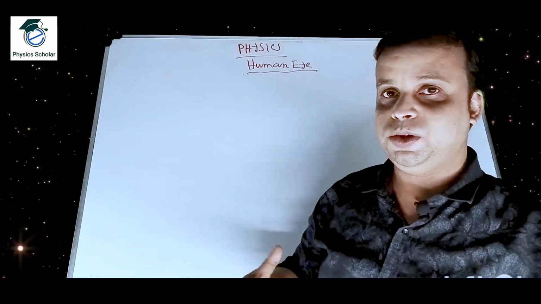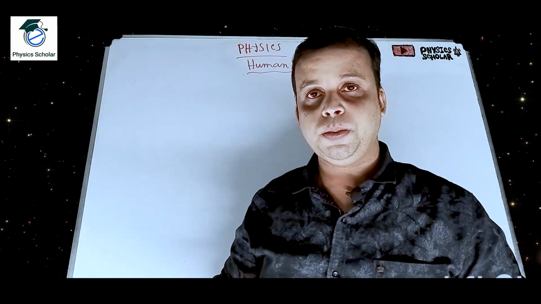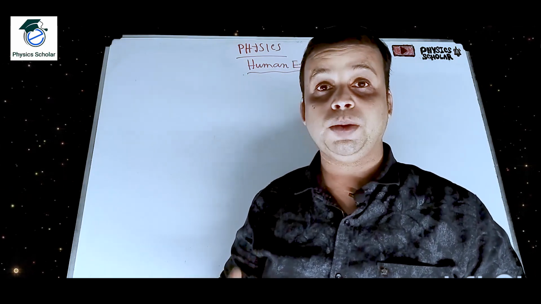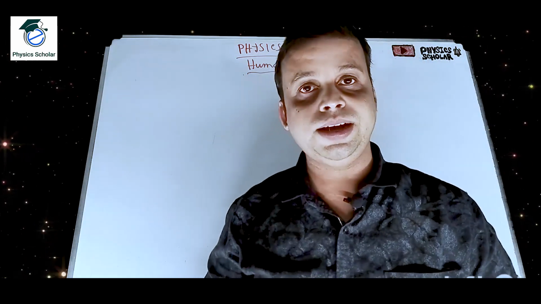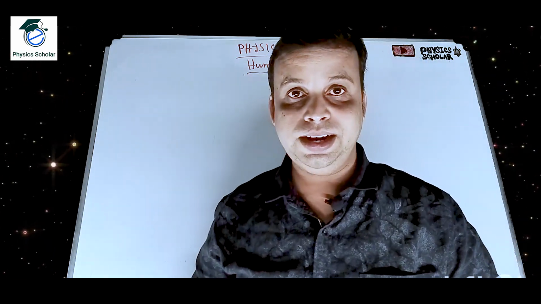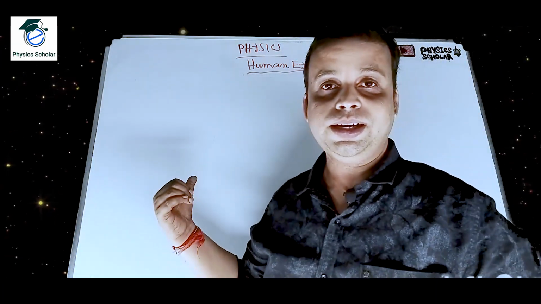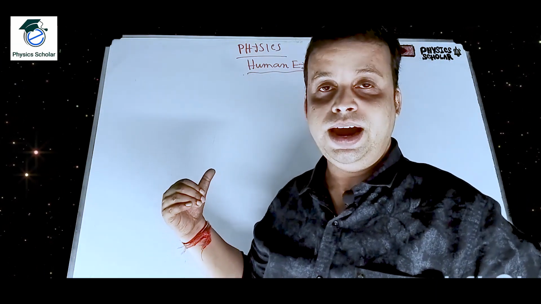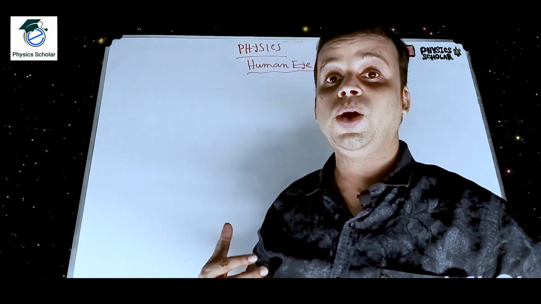In my last video, I discussed the different components of the eye as well as some problems of the eye, including myopia and how we can rectify that. Today, moving to the next, I will discuss hypermetropia or long-sightedness.